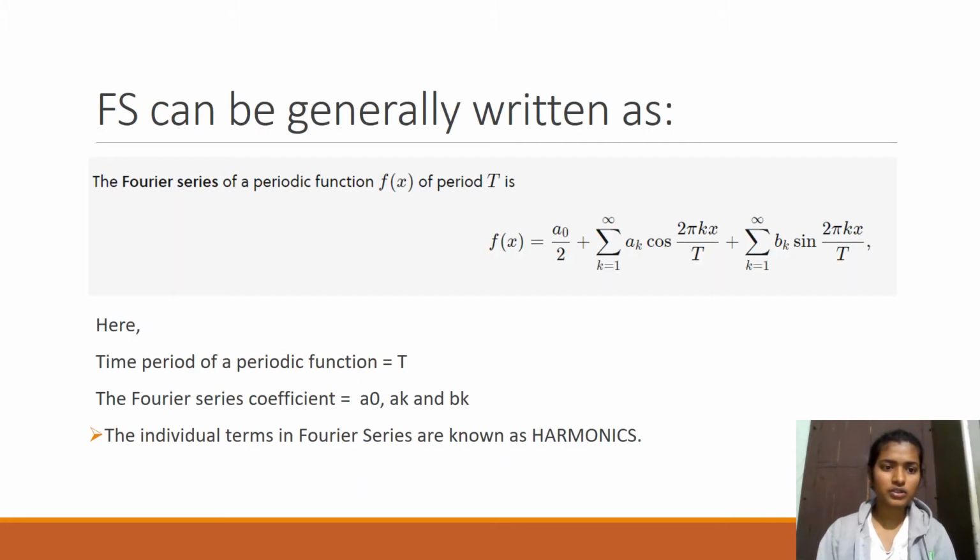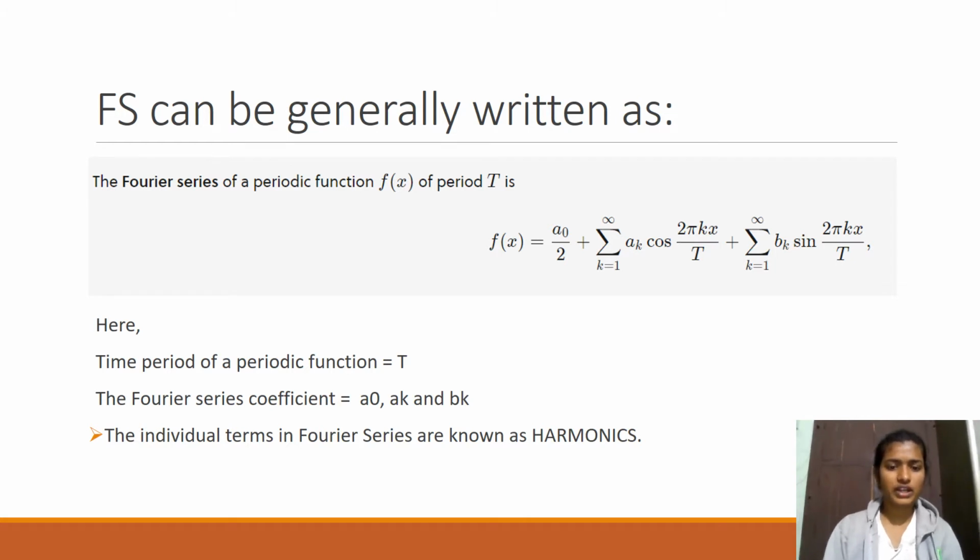Now let's talk about its generally written form. If you have f(x) with time period T, and f(x) is defined as a Fourier series, then we would write it as f(x) is equal to a naught by 2 plus summation of a_k cos(2 pi k x divided by capital T), where k goes from 1 to infinity, plus summation of b_k sin(2 pi k x divided by capital T), where k goes from 1 to infinity.